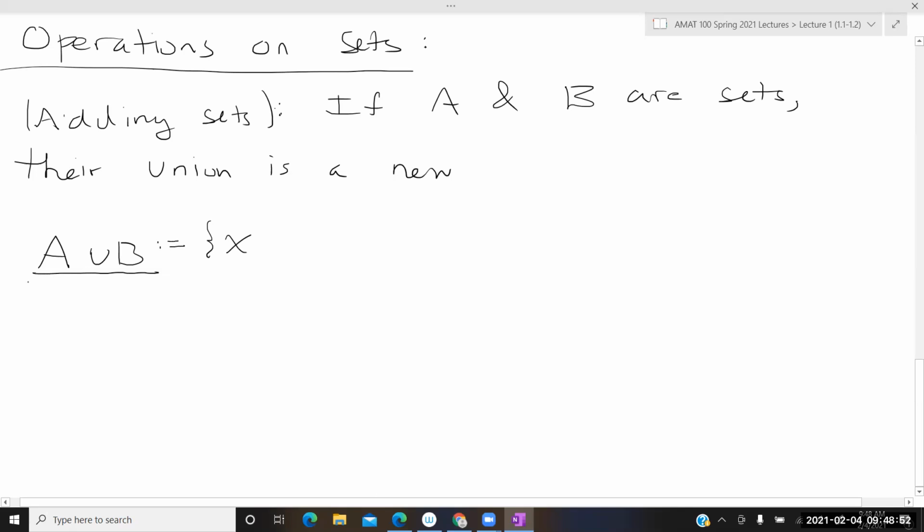These symbols right here are empty symbols. They have no meaning, and now I'm assigning meaning to them. So I'm saying I'm going to build this new set, A union B, from given sets A and B. And it's going to consist of all X such that X is in A, or, this is important, X is in B.